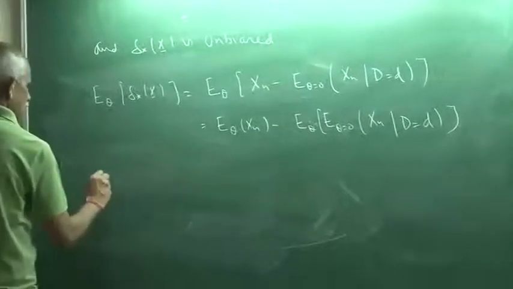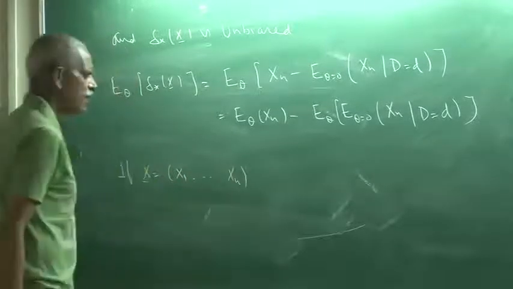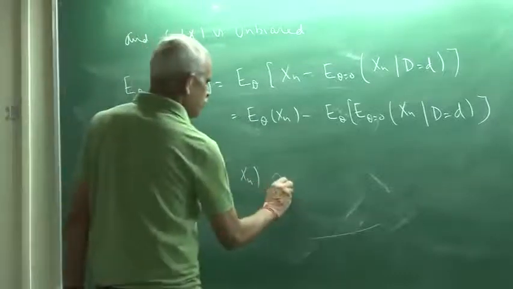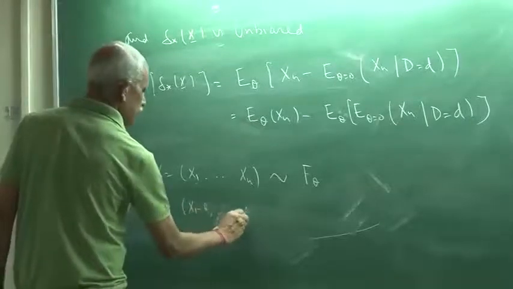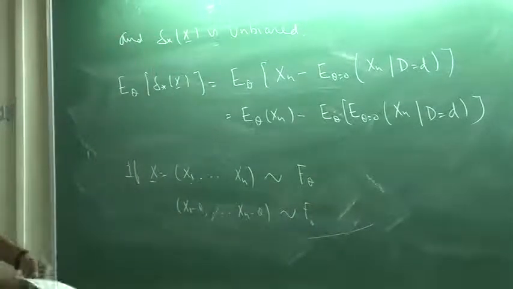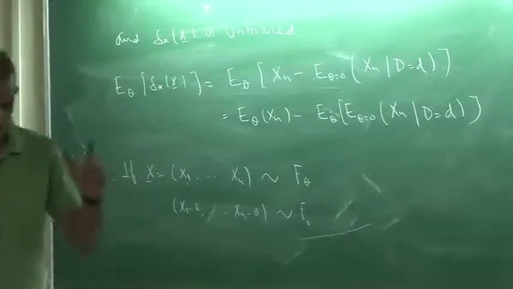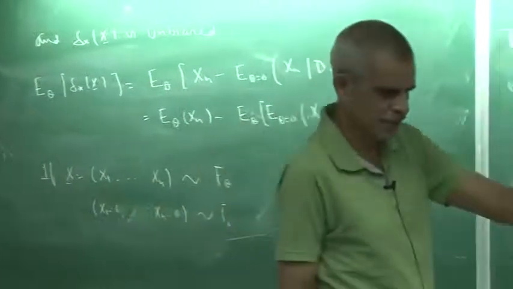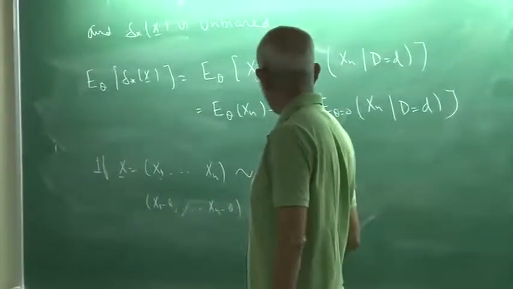Now I know that if X has distribution function F theta, then x1 minus theta, ..., xn minus theta has the same distribution, except that now theta gets replaced by 0, because the probability that x1 minus theta is less than or equal to t1, ..., xn minus theta is less than or equal to tn would be nothing but F of t1 plus theta, t2 plus theta, ..., tn plus theta, which is nothing but F of t1, t2, ..., tn, which is F0 at all t.